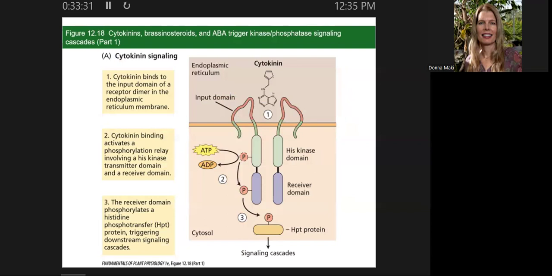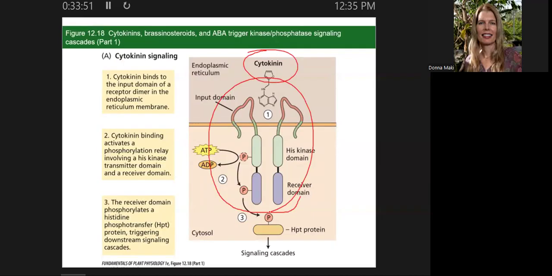So let's look at this one. Here you have your hormone, cytokinin, and it's docking into the sensor kinase. All of this is your sensor kinase. So now the sensor kinase goes, whoop, I got a cytokinin.